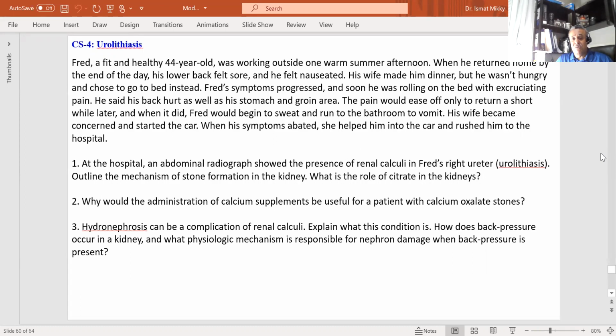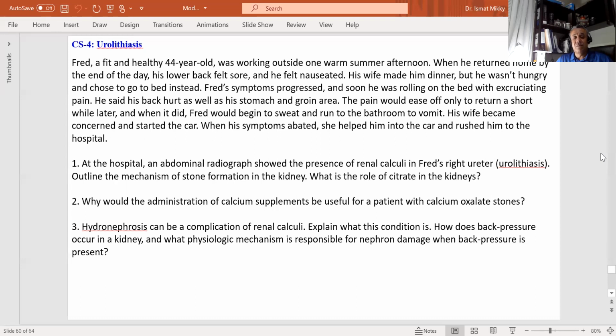Urolithiasis, which is kidney stones or renal stones. This is an example of a case study on urolithiasis. The first question: at the hospital, an abdominal radiograph showed the presence of renal calculi in the patient's ureter.